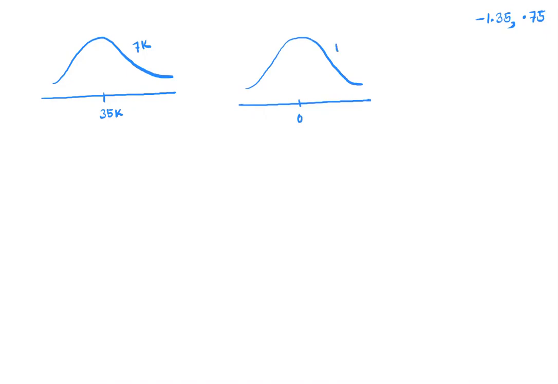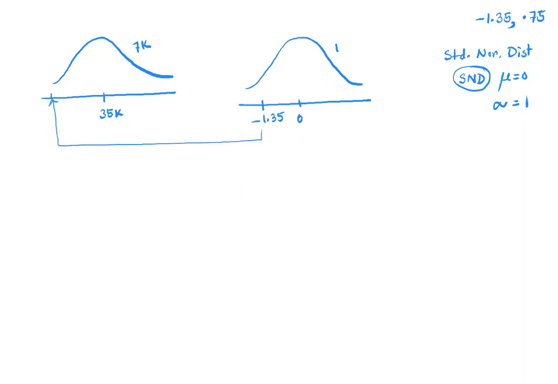Again, the standard normal distribution has a mean of 0 and standard deviation sigma of 1. So this one, let's say negative 1.35 is right here. They want you to find the corresponding point right here, which is going to be X.